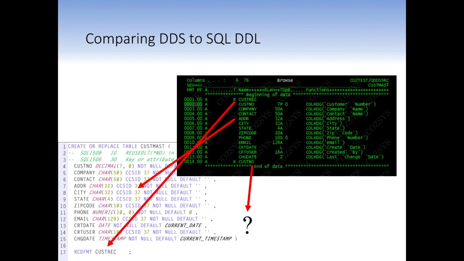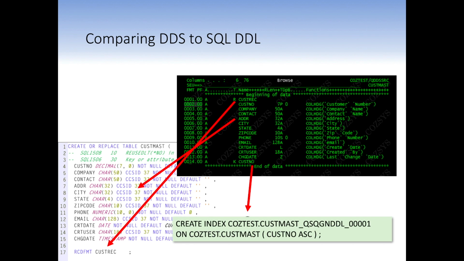But wait a minute, where's the key field? I don't see it here. Well, what happens is down below the create or replace table command, there is a create index command that generates a second object, an index, with a generated name over the customer number field. And this is fine if you're going to use SQL.